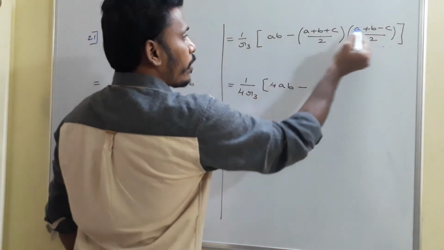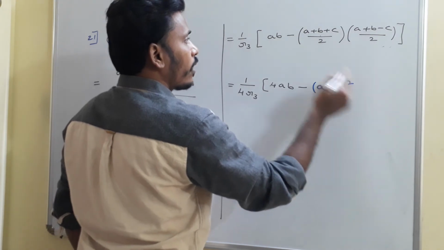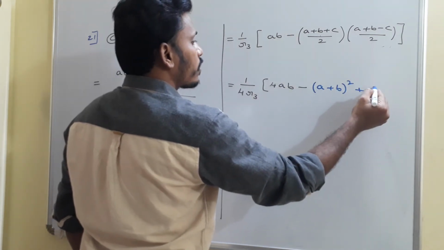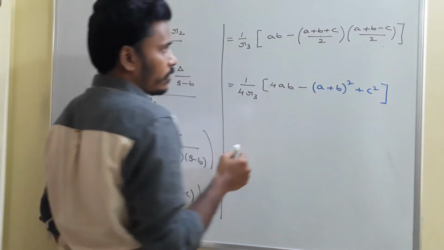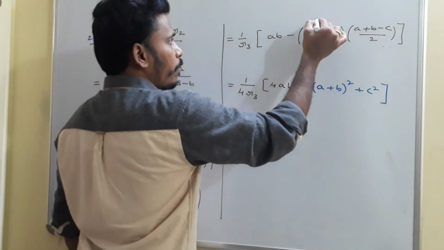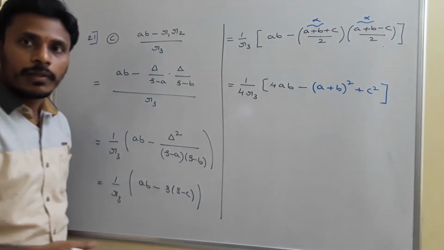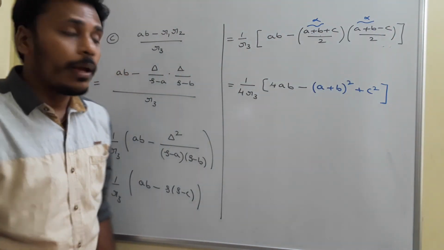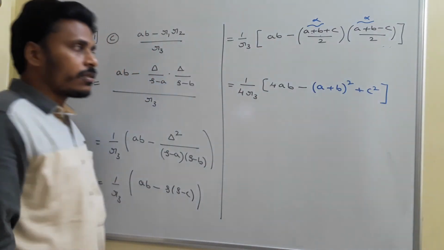This numerator, A plus B plus C into A plus B minus C: if you treat A plus B as some alpha, alpha plus C into alpha minus C is alpha square minus C square, but outside one minus is there, so minus alpha square plus C square.